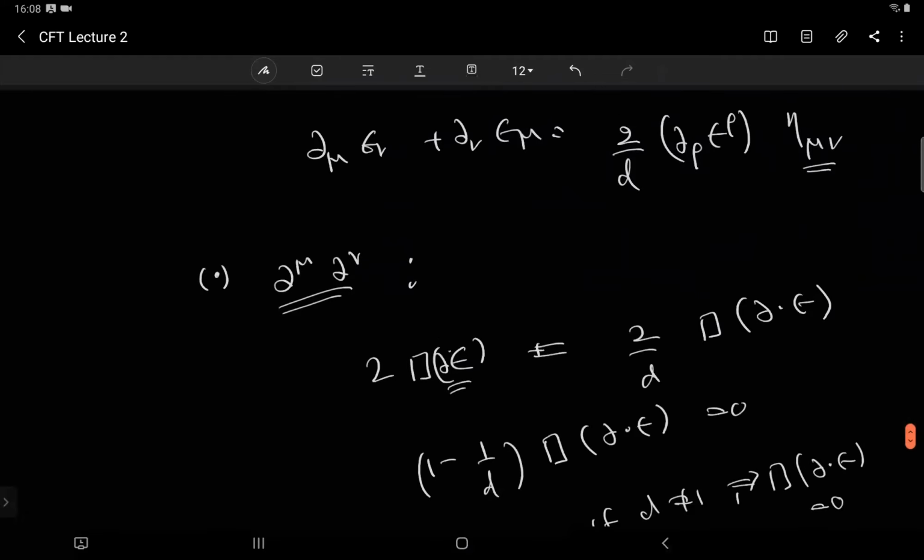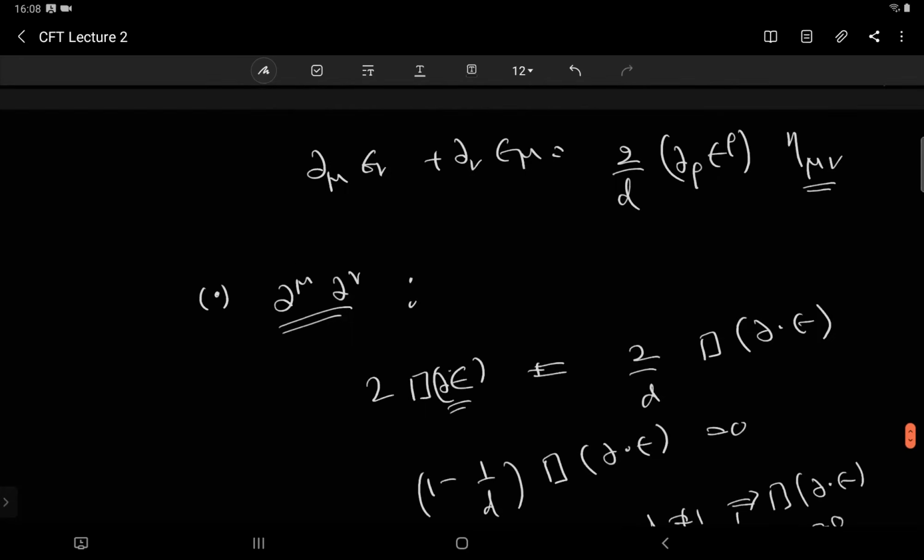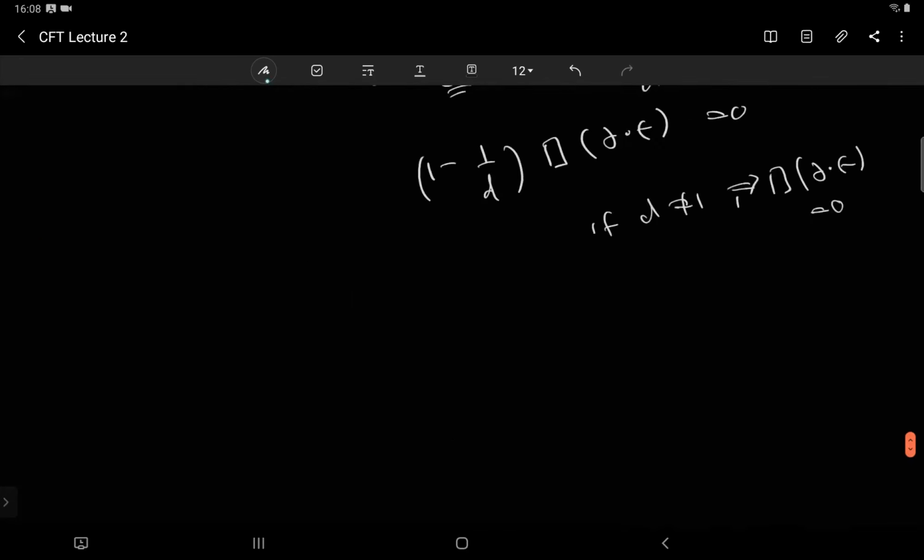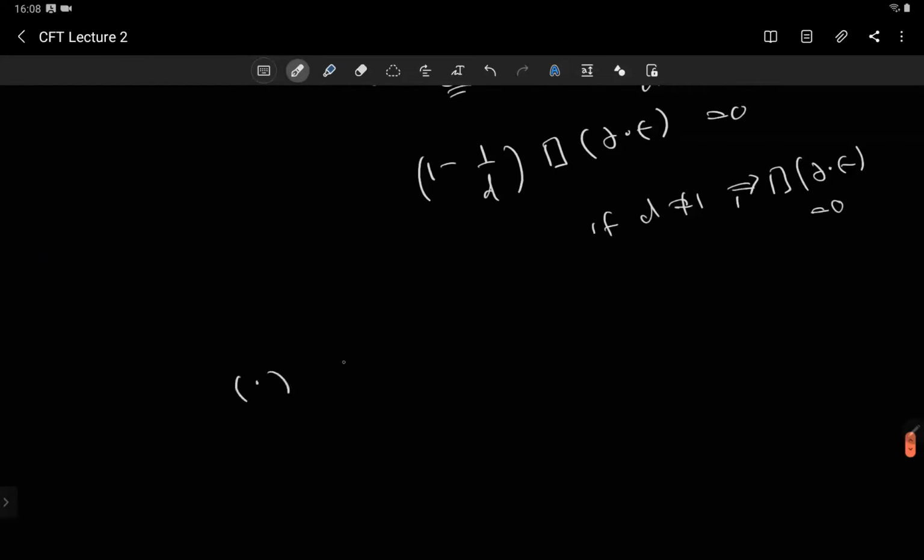Is this okay? What did we do? We just took del mu on both sides, and you get this equation. Now, second step, take del mu on both sides, only one of them.